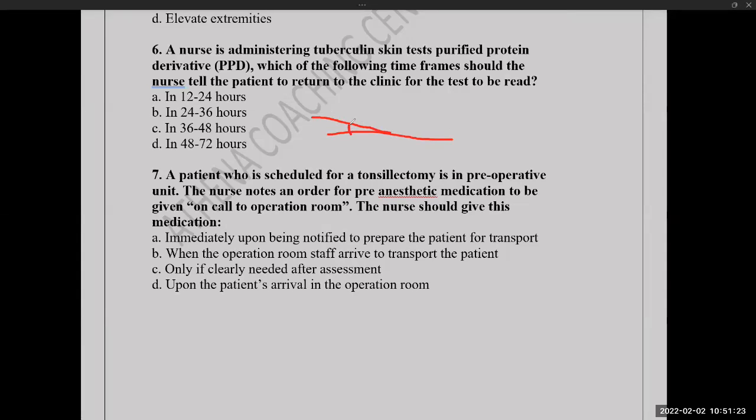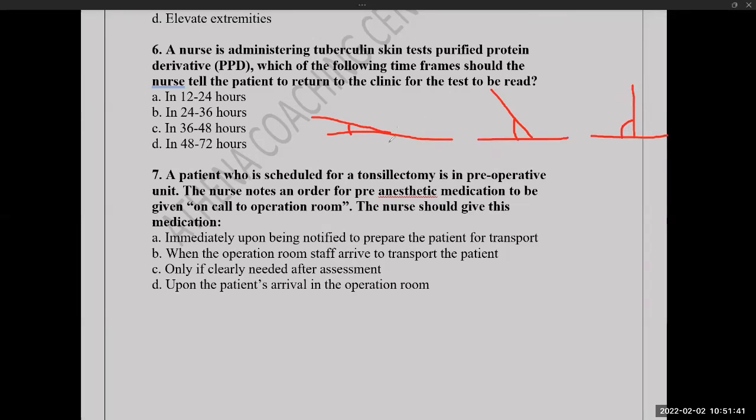This is almost 10 to 15 degree. 10 to 15 degree is the angle.